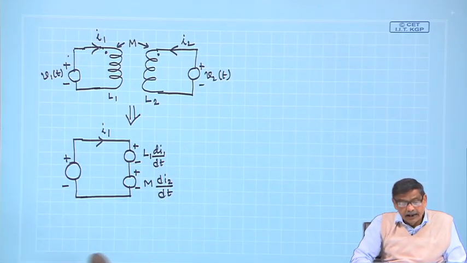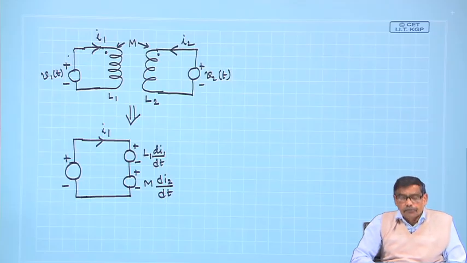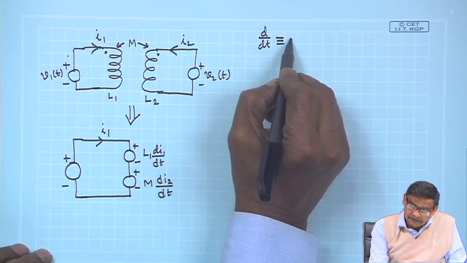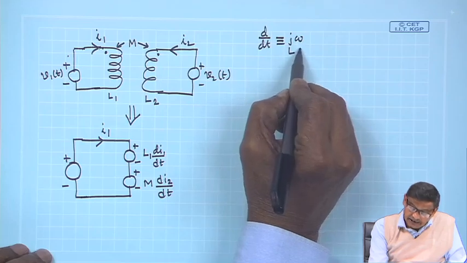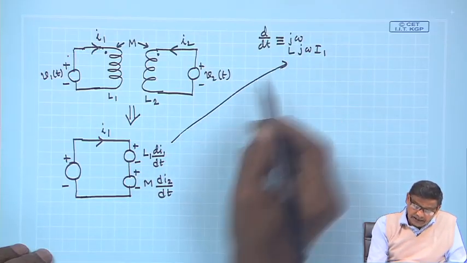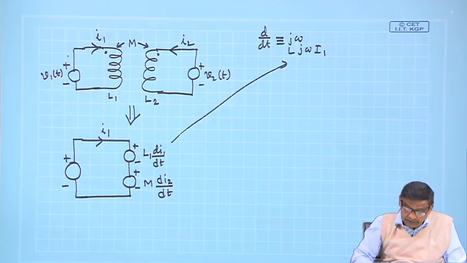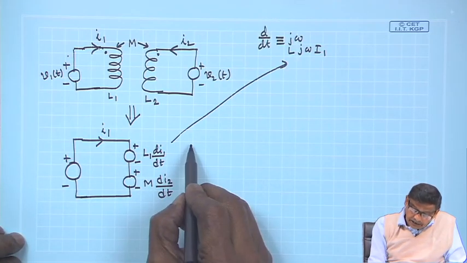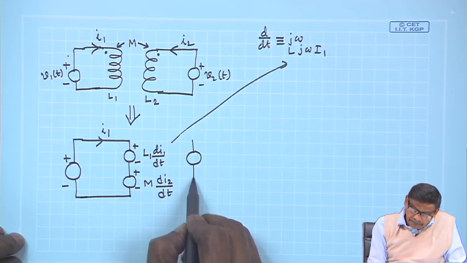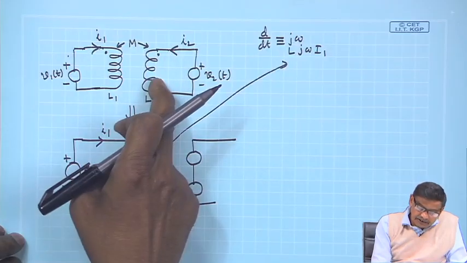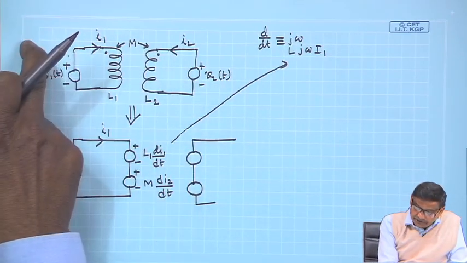In our earlier case, I assumed the supply source to be sinusoidal, and then for d dt you just replace it by j omega, then you will get L j omega I 1, if the supply happens to be sinusoidal, but in time domain this is fine. Polarity is like this. Similarly, for the second coil, there will be 2 sources, because between these 2 points self inductance exists and it has a coupling with the first coil.